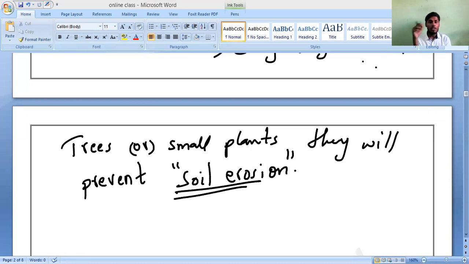The tree cover also softens the effect of heavy rains on the forest, due to which the topsoil does not become loose quickly.